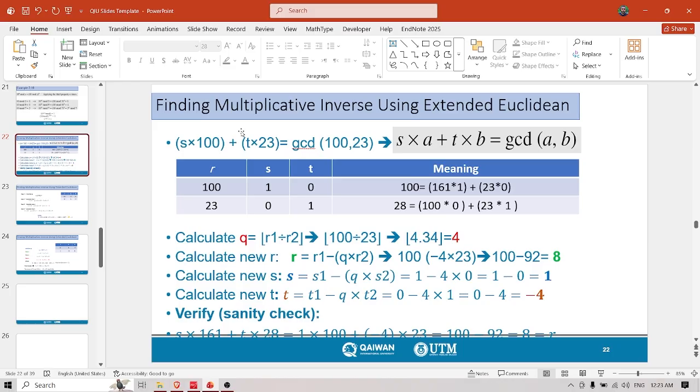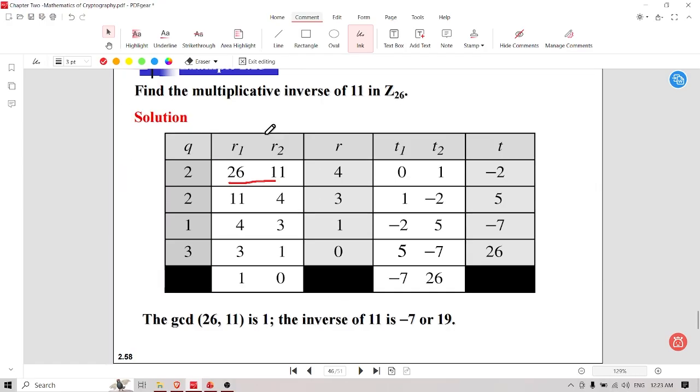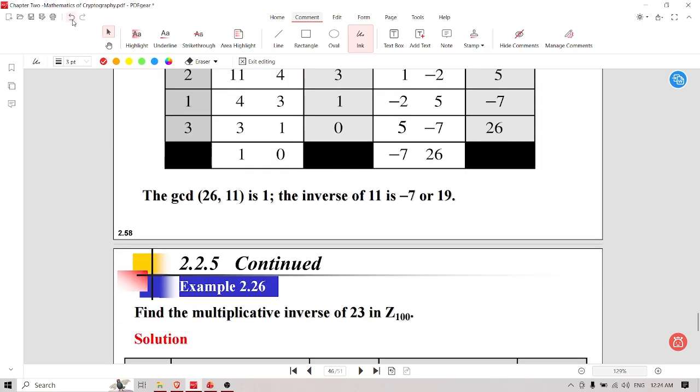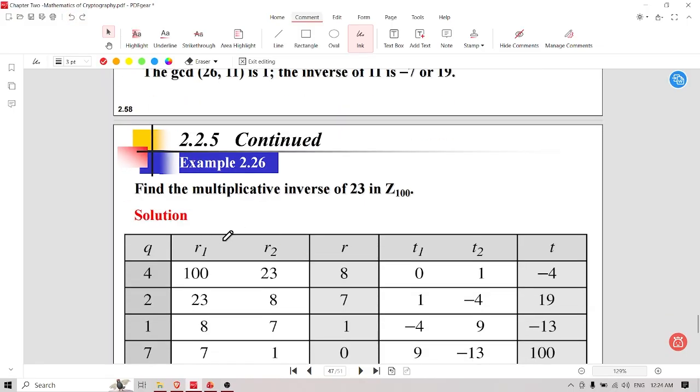This one would be the homework for yourself, so you do it and understand it. We will do this one.